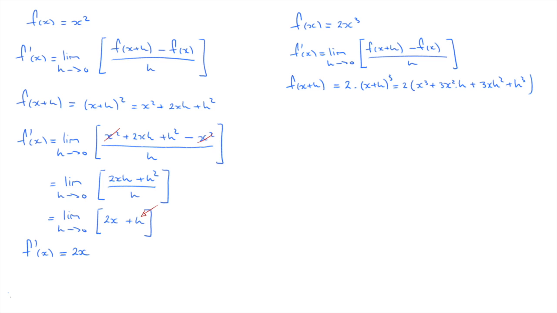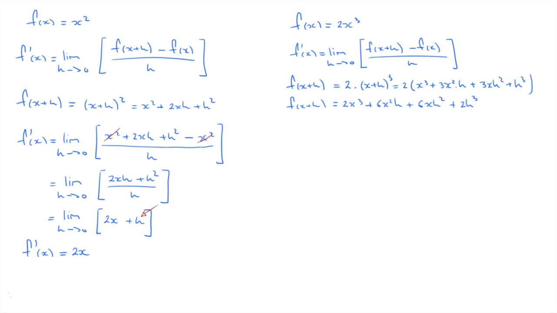And now, distributing the 2 across, we have f(x + h) equals 2x cubed plus 6x squared h plus 6xh squared plus 2h cubed.